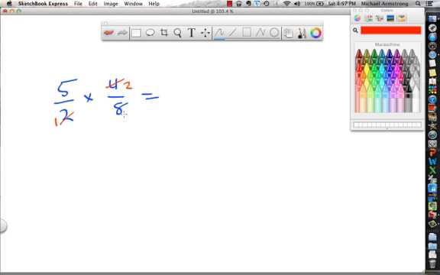Either way, you're going to end up with the same answer, believe it or not. This way you get 5 times 2 is 10, and 1 times 8 is 8. Oh, I see, I should have still simplified the 2 and the 8 down to 1 and 4. Yeah, there's lots of different ways to do that, and if you do it that way, you'll still get there.